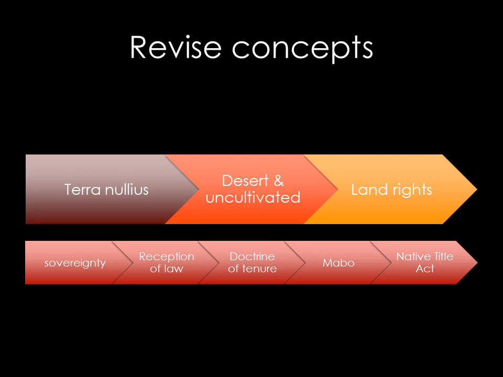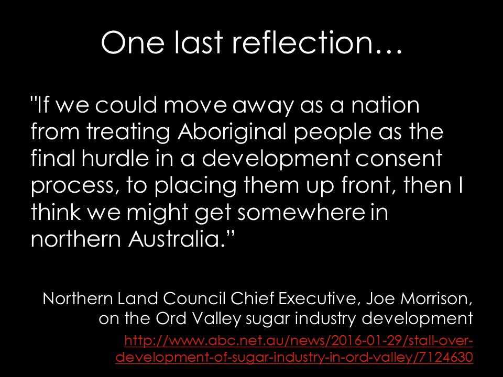It found that because Australia was settled but occupied, the full beneficial title to land remained vested in traditional owners. And of course, since Mabo, we've seen the enactment of the Native Title Act and the slow devolution of the scope of native title itself.